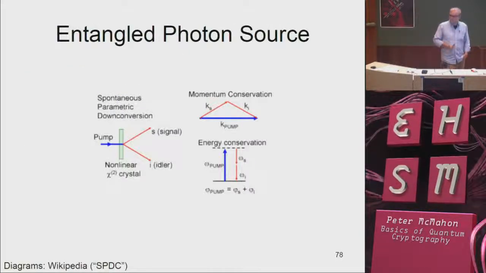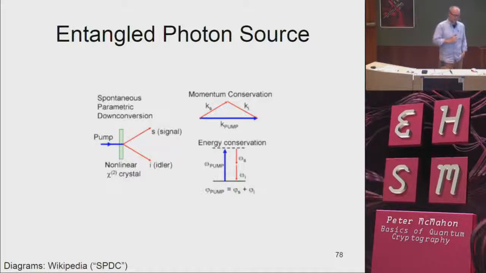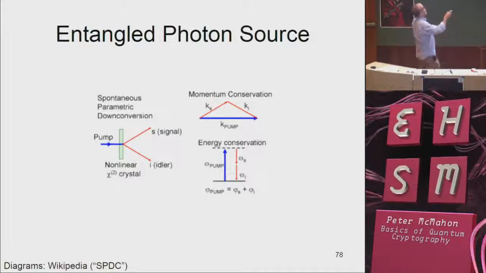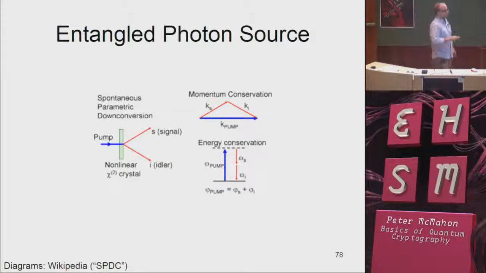So one of the most common ways people produce entangled photon states is using so-called spontaneous parametric down conversion in Chi2 nonlinear crystals. And the idea of this scheme is the following: if you put a strong pump laser beam into one of these crystals, what will happen is you'll have some photon be absorbed, and then 2 photons are emitted that are each at half the energy of the single photon that was absorbed.